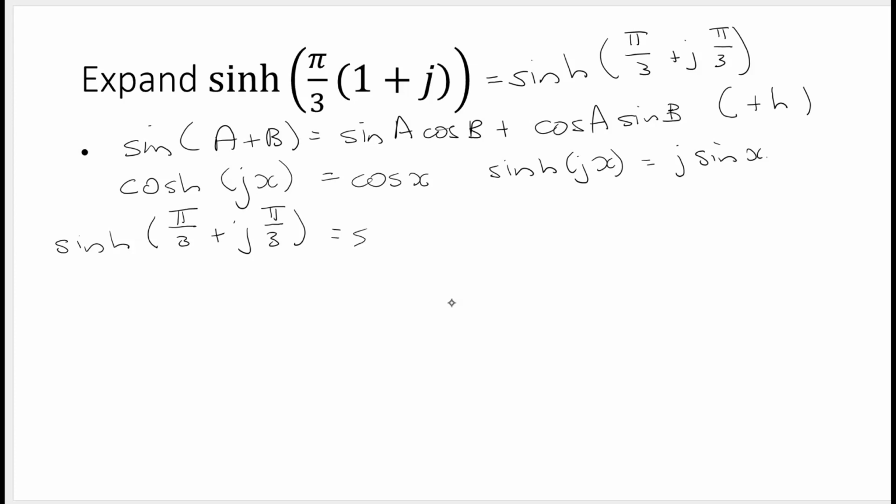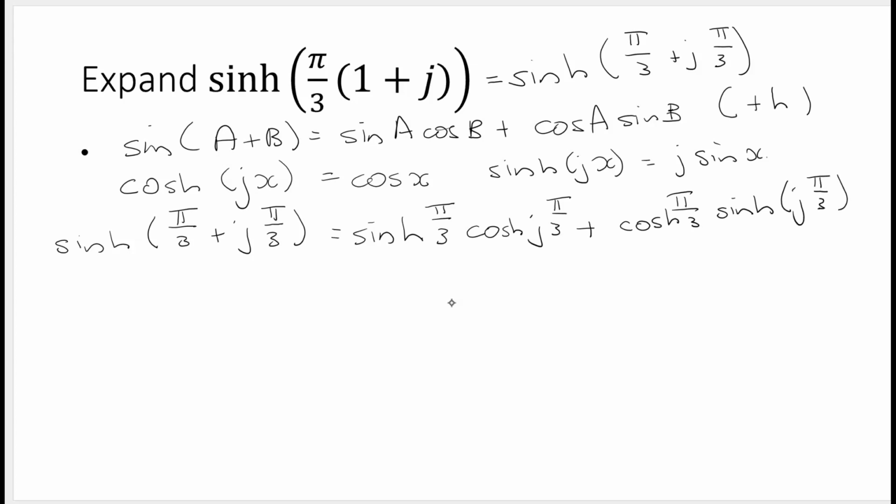So it's going to be sinh, hyperbolic sine, pi by 3 cosh j pi by 3 plus, now it doesn't matter whether I do cosh pi by 3 sinh j pi by 3 or the other order, doesn't matter.